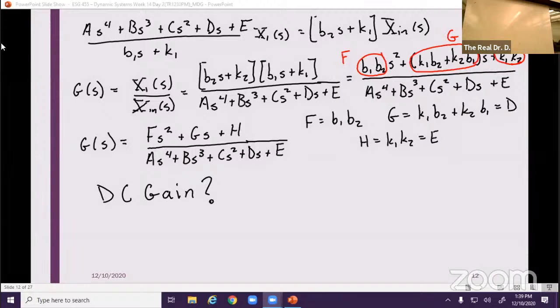No. What is the DC gain in general? What is synonymous with DC gain? K. Okay, sure. And what is K? You say the DC gain. This is going to happen over and over again. No, we got to get out of this loop.